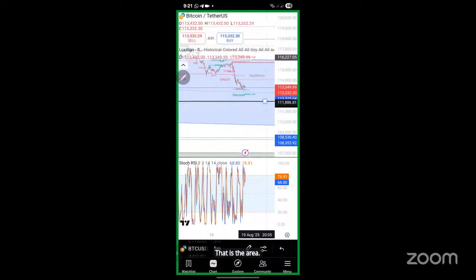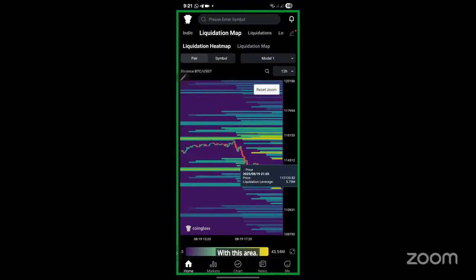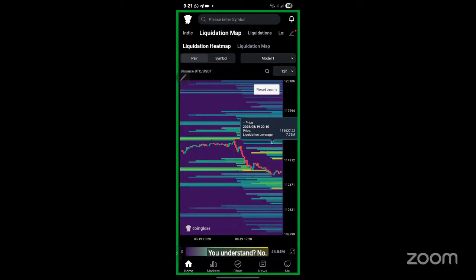I'm drawing this area here and comparing it with this area here, 112. I expect the price to hit this area, then after it will go up to sweep the upward liquidity. You understand?